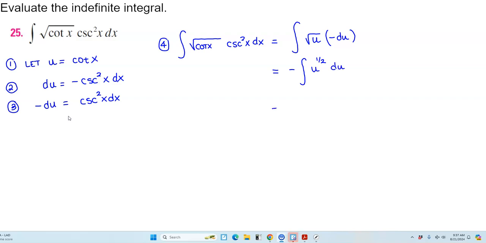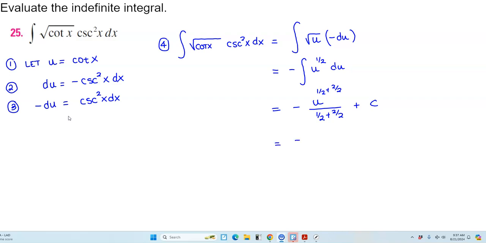And so now we're going to take the antiderivative of that. So we have negative u to the 1/2 plus 1, so it's going to be u to the 1/2 plus 2 over 2, plus c.